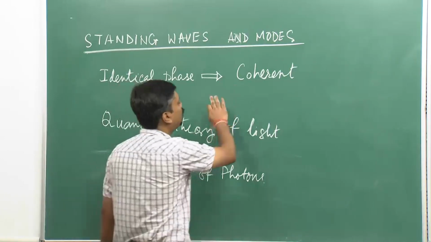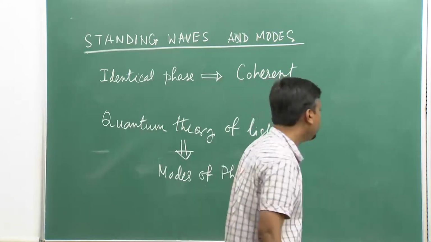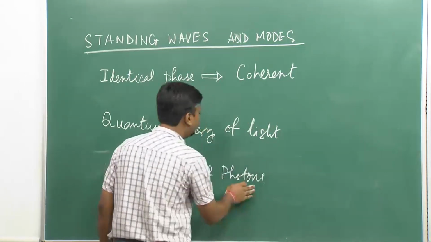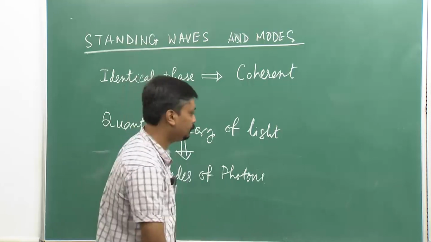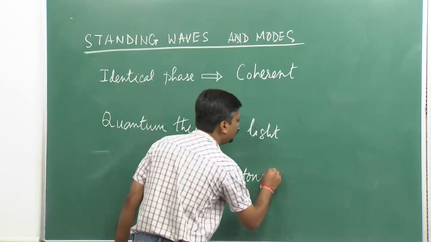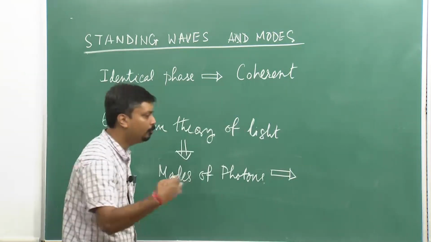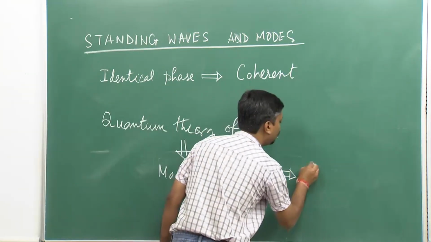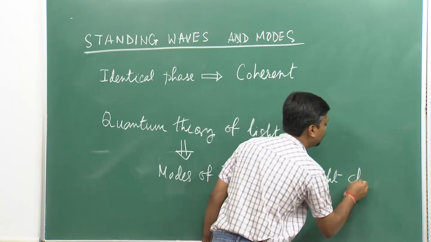So, normally we say this beam is coherent, so it refers to that, it has the same phase. Now, in quantum theory of light, when we say that this is the mode of the photon or this is the mode of the light, this actually tells you some characteristics of the light.